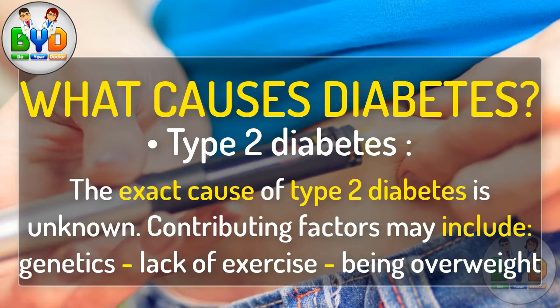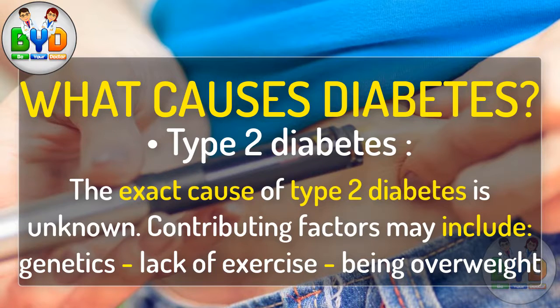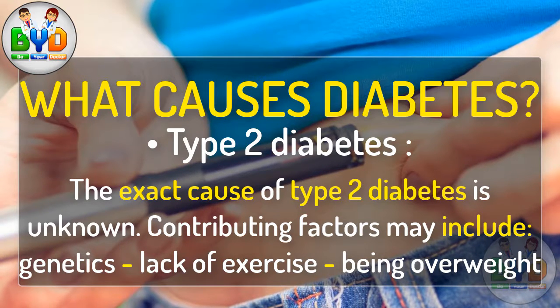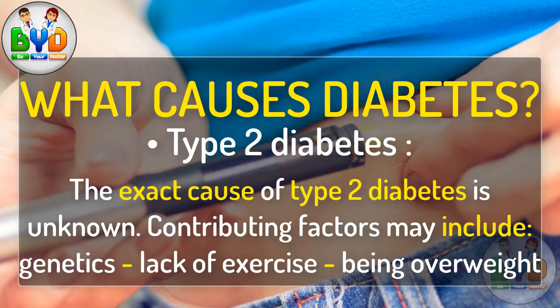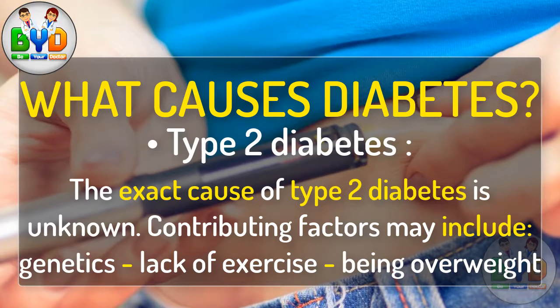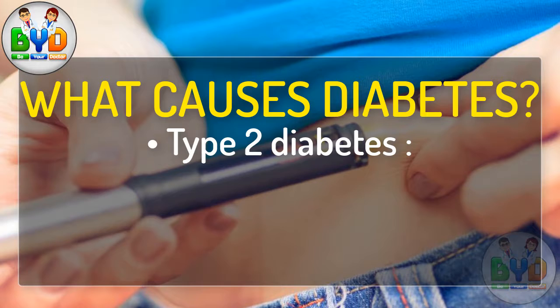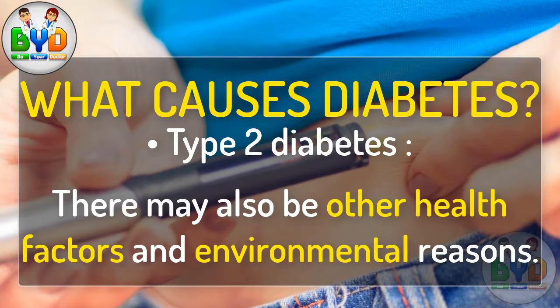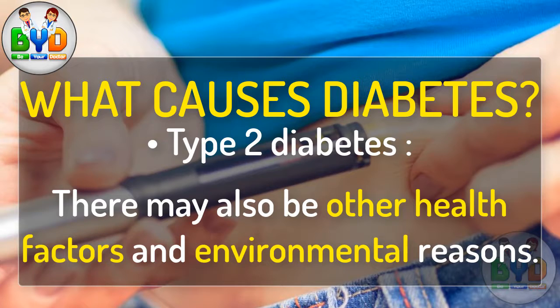The exact cause of type 2 diabetes is unknown. Contributing factors may include genetics, lack of exercise, being overweight. There may also be other health factors and environmental reasons.